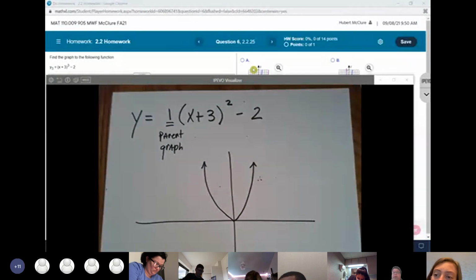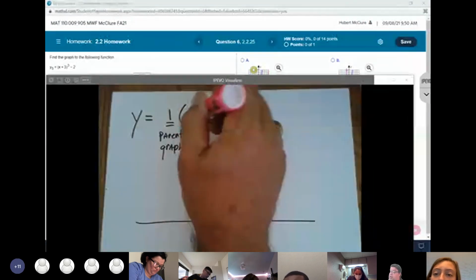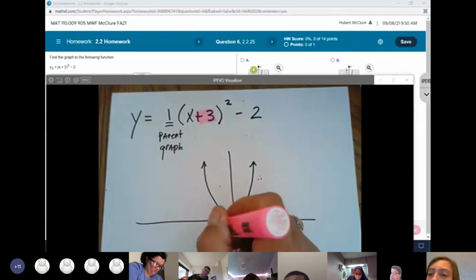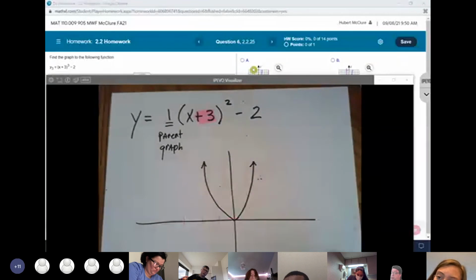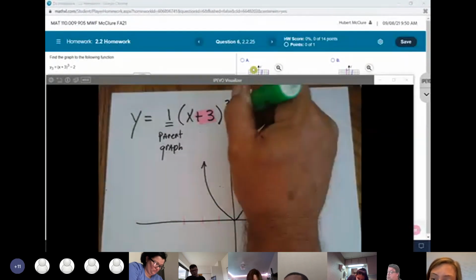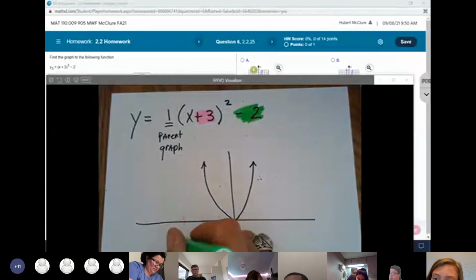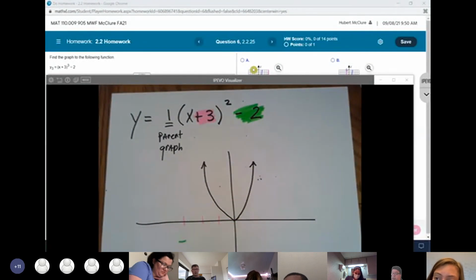There we go. And the only thing you've got to worry about now is the horizontal shift and the vertical shift. And there is your graph.